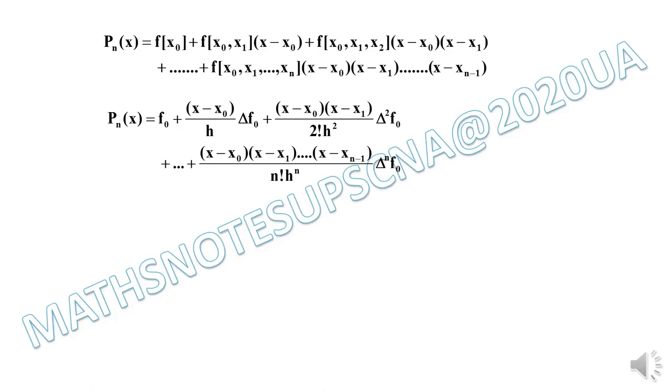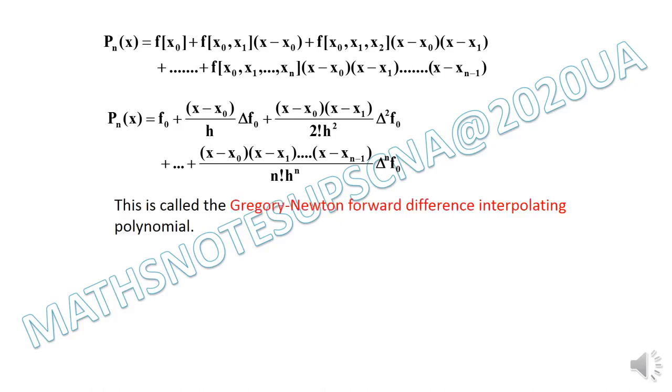So we got this formula, which is called the Gregory-Newton forward difference interpolating polynomial or formula.